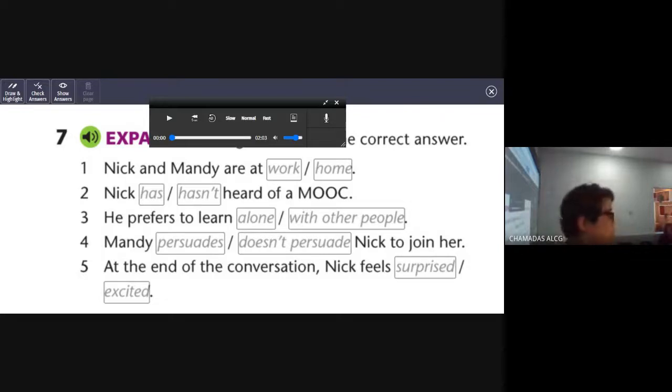Because after the verb to prefer, we can use a verb in the infinitive form, or we can use a noun. So it's either a verb or a noun. For example, I prefer Rio to São Paulo. Rio is a noun.